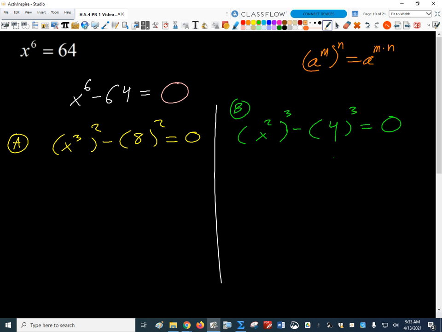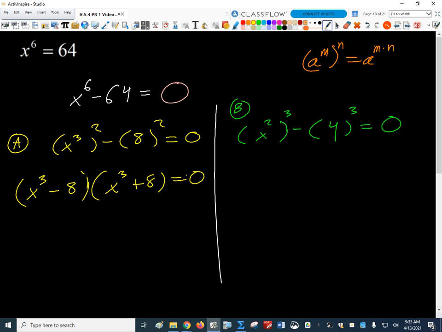So if we do difference of squares pattern, we know we've got a squared minus b squared, right? So this whole thing is just going to split up into a minus b times a plus b.